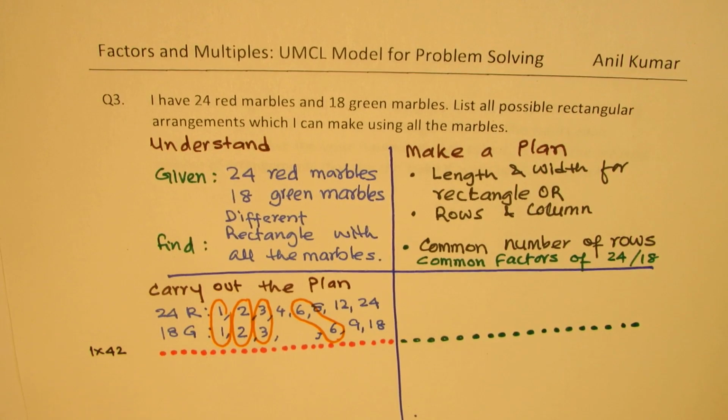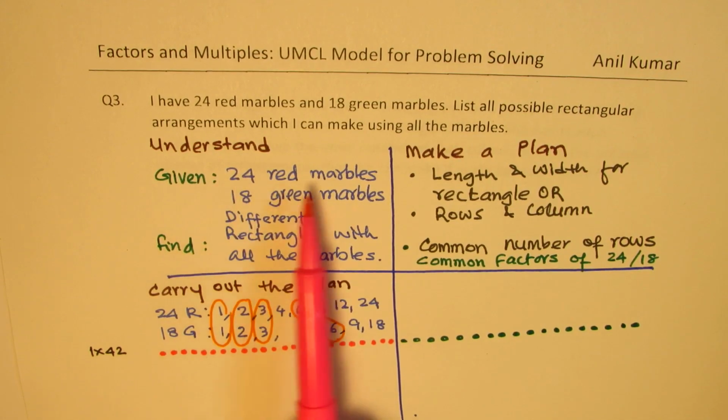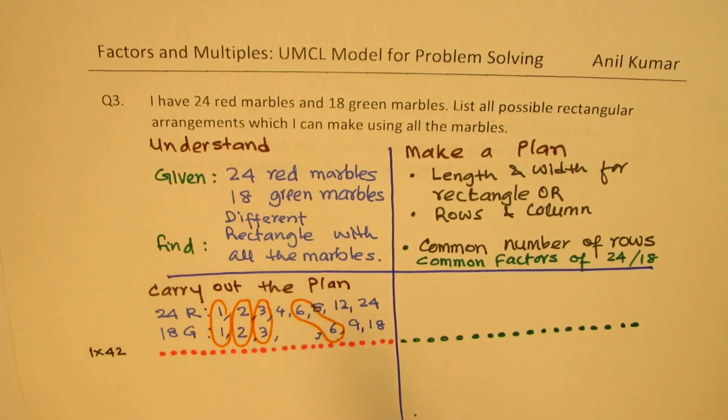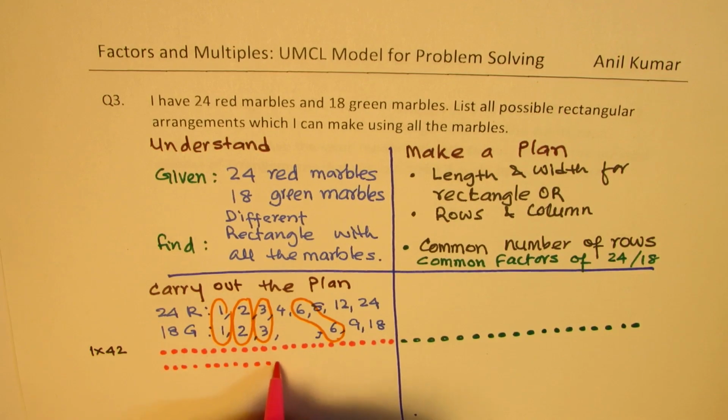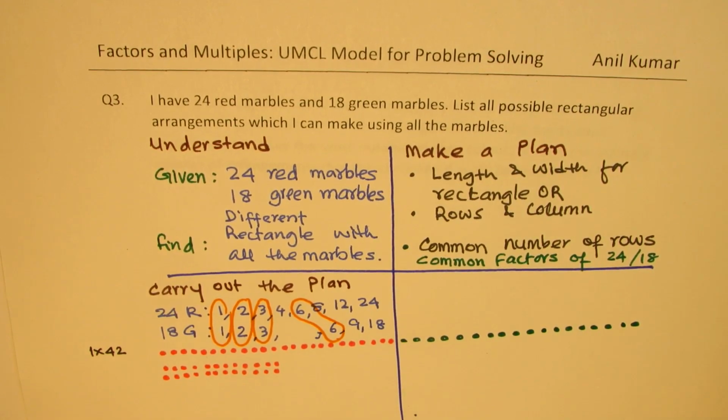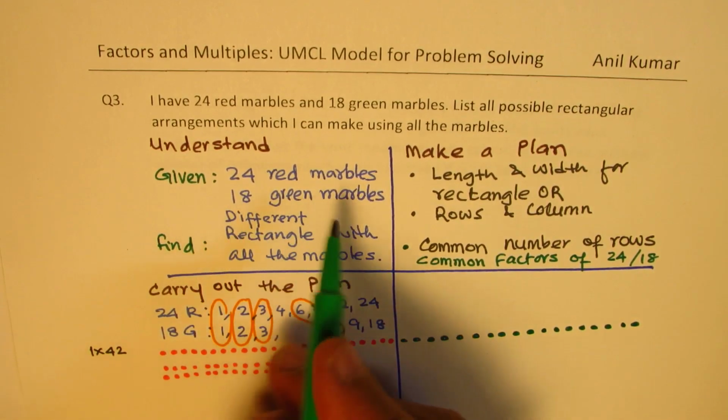So all together. The next combination is with 2. So that means the red marbles will be in 2 rows of 12 each, right? So we'll have 12 in each row. Green, 9 and 9, right?